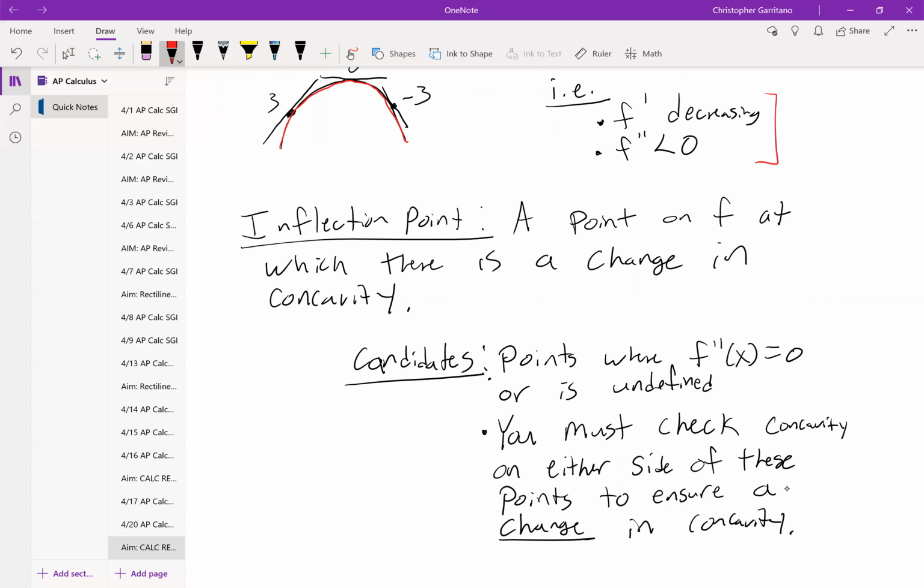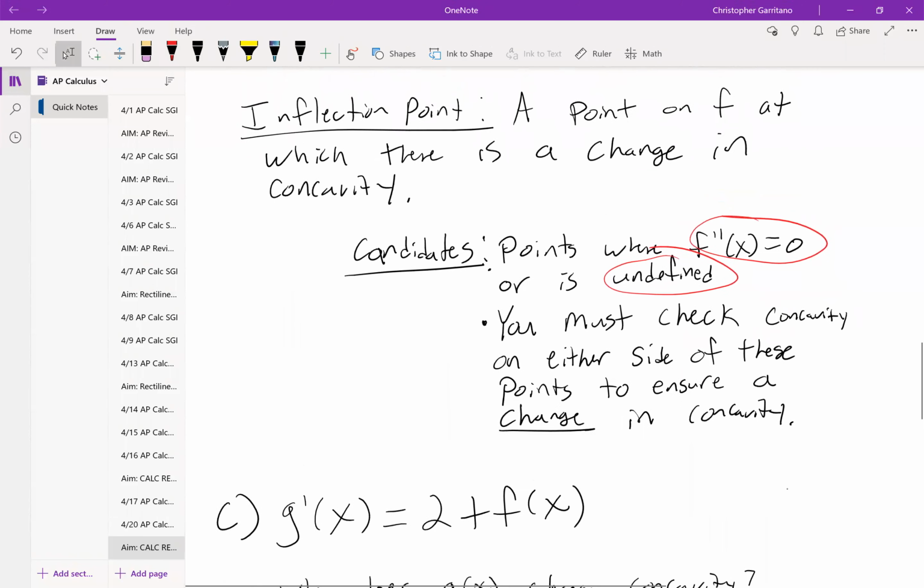Or if the other way around happens, that implies a change in concavity. These values where f double prime is 0 or undefined, that's just sort of locating where that could happen. All right. So once you identify the candidates, you then must go on and check the concavity on either side of those points to ensure that there is actually a change in concavity before you call it an inflection point.